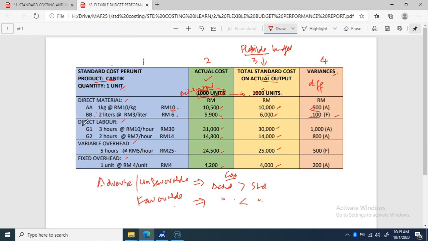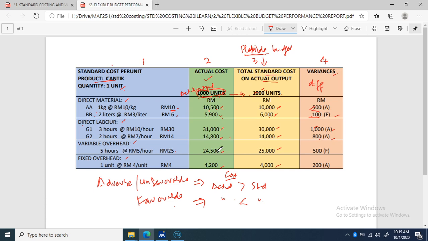For direct labor, if we refer, 31,000 actual and 30,000 standard, you have overspent 1,000, so it's adverse. Same goes to grade 2 labor: 14,800 actual and standard 14,000, overspent 800, adverse.